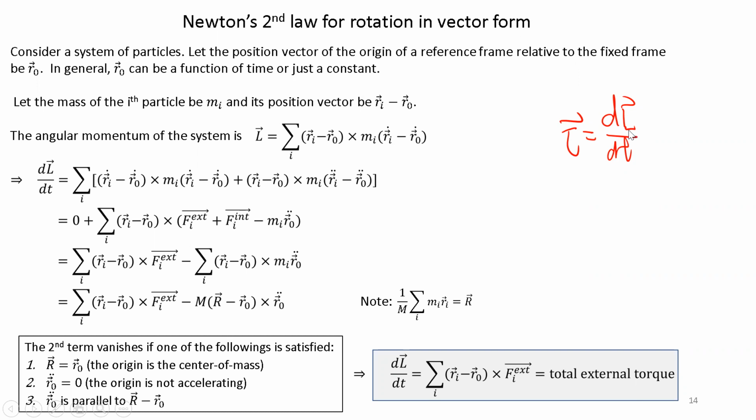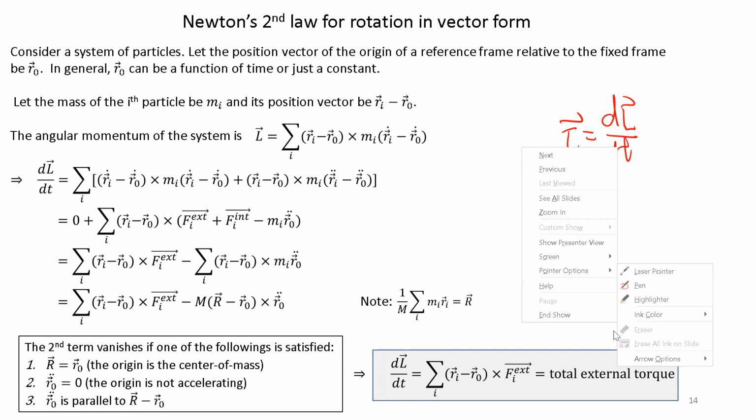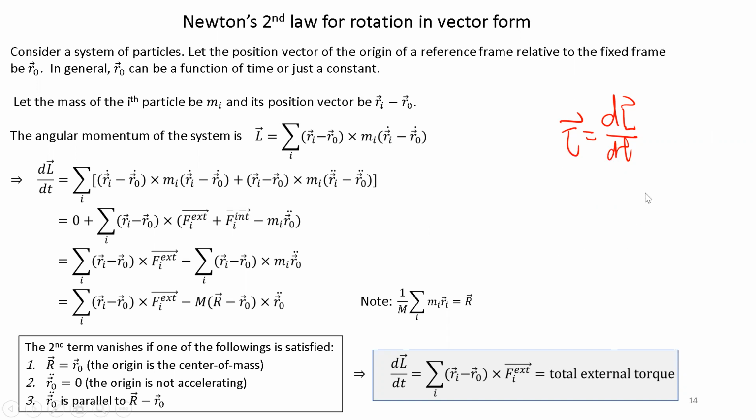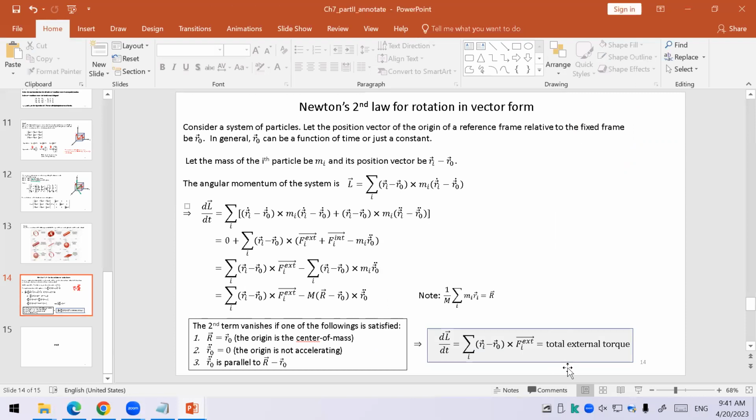In particular, the vector notation is important. So how do we prove this?